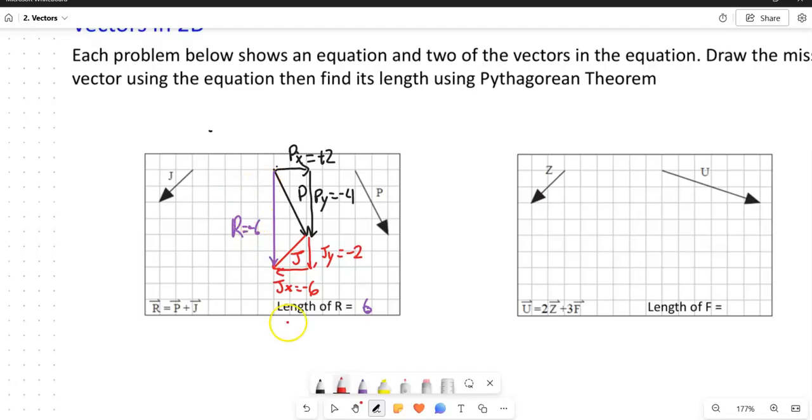Okay, so to find r is going to be equal to the total direction in the x direction, which is going to be silly, but we're going to take the px vector and add it to the jx vector, and that'll be the square.